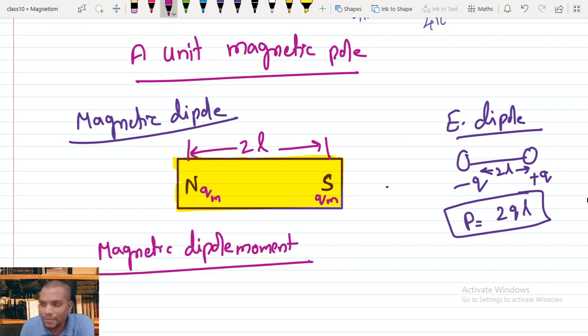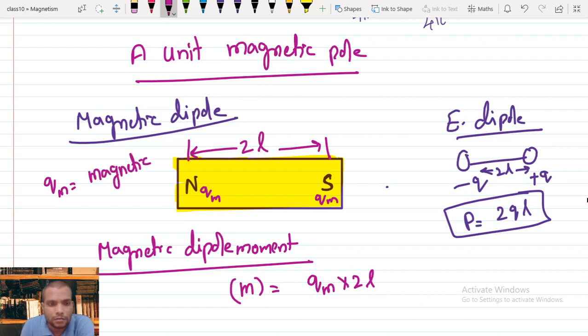Then we define the magnetic moment, small m, equal to the product of magnetic pole strength times 2L. Don't forget, Qm is what we call the magnetic pole strength.